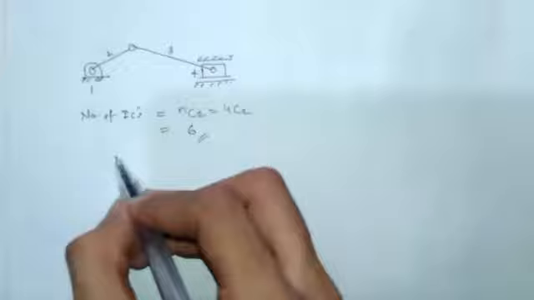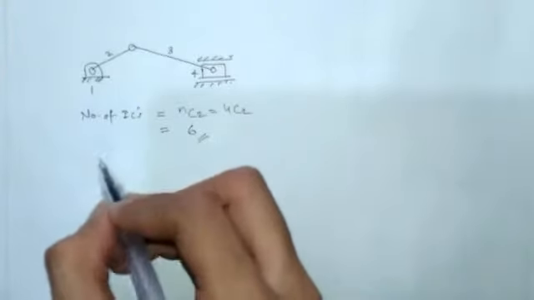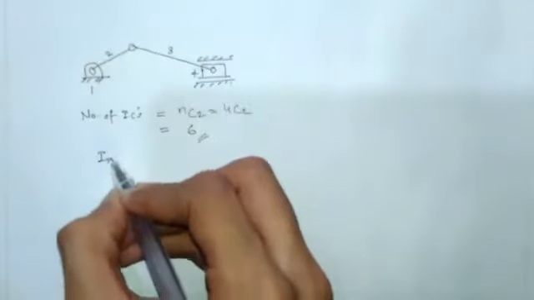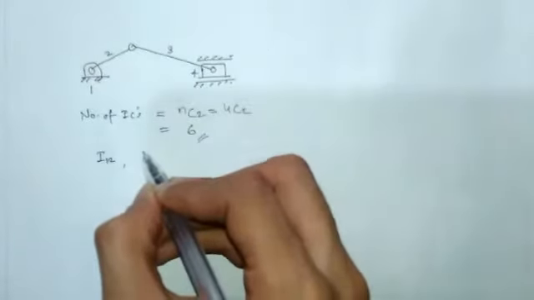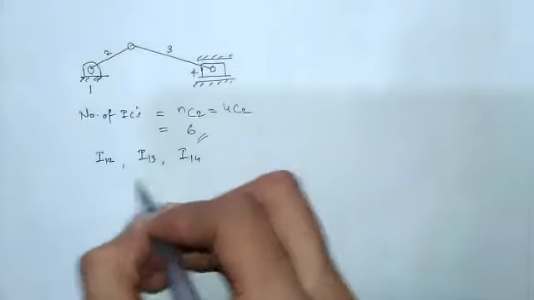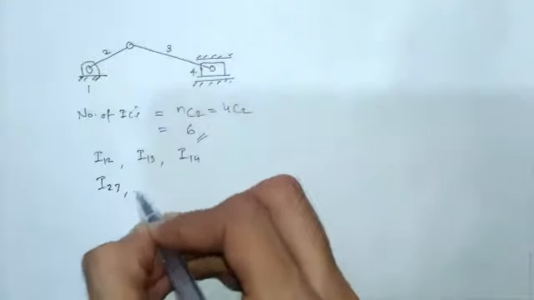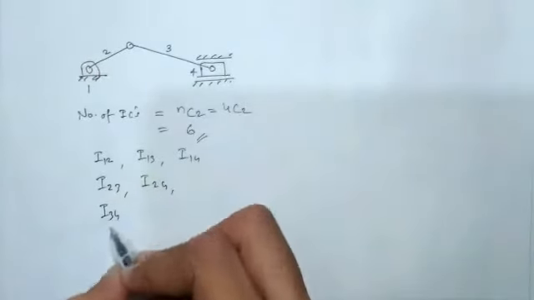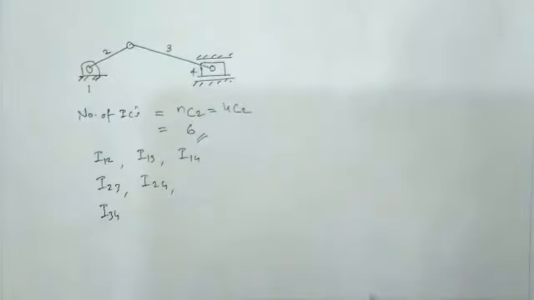And what are the 6 ICs? We have 4 links, so what combinations can we have? I12, then I13, then I14, I23, I24, then we can have I34. These are the combinations which we can have.